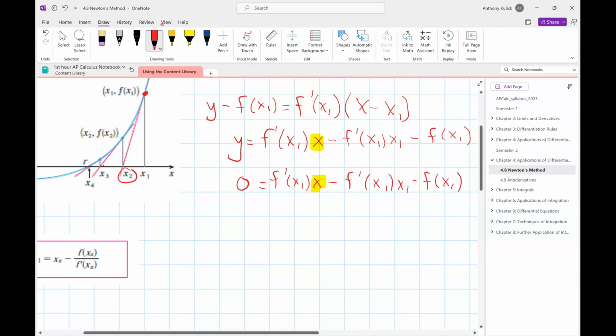So I'm going to add over that piece, add over this piece.